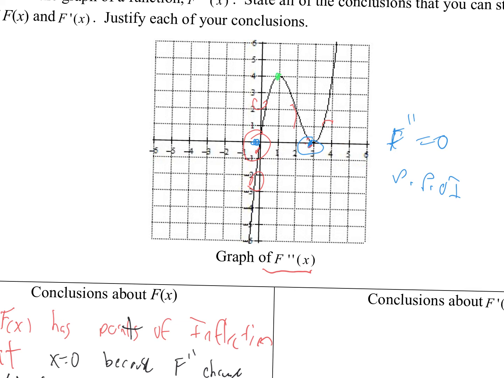This place, what does it mean if your second derivative has a maximum? Well, what does that imply? Looks to me like the derivative of this changes signs, but does that mean anything? The derivative of the derivative of the derivative?